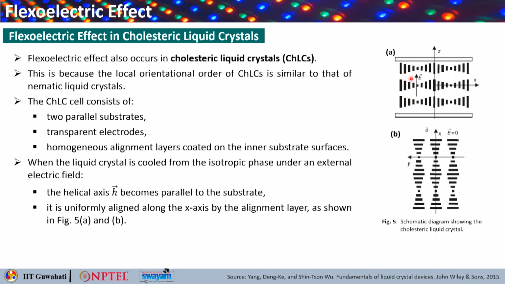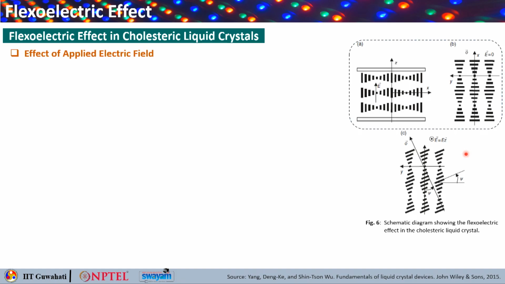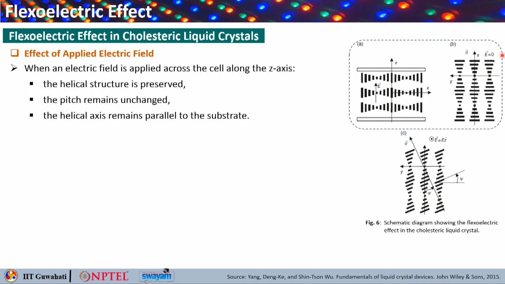So you can see in A and B the orientation of the cholesteric liquid crystals. These two were the case where the applied electric field is not there, so it is 0.